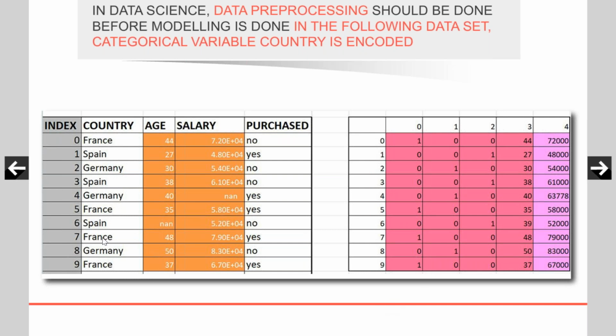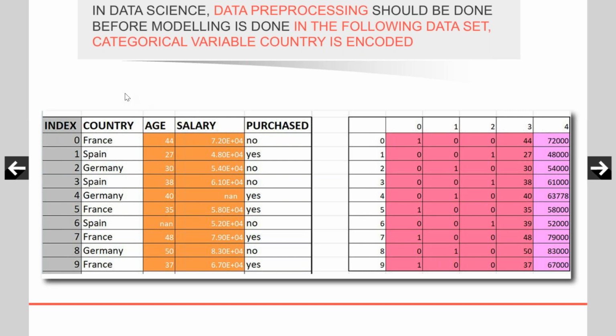So here also we have France, so here also we should have 100. Yes, wherever France occurs, they write 100. See, for Germany, they write 010. Now the third entry from the top is Germany, right? Now look at the third entry. Look at the third entry from here. First and second. Here also we have 010. Is the rough idea clear?